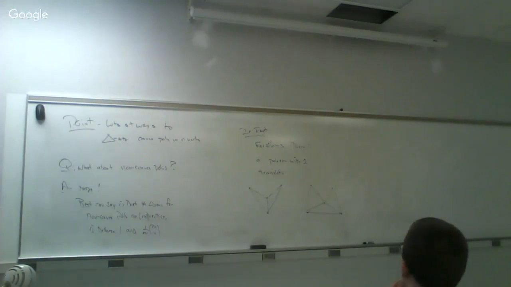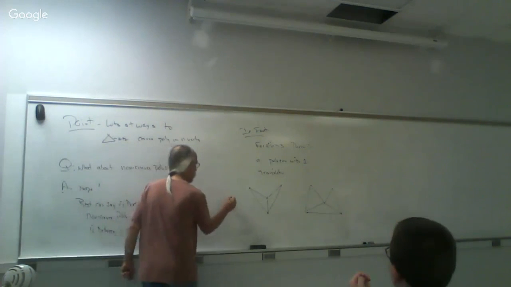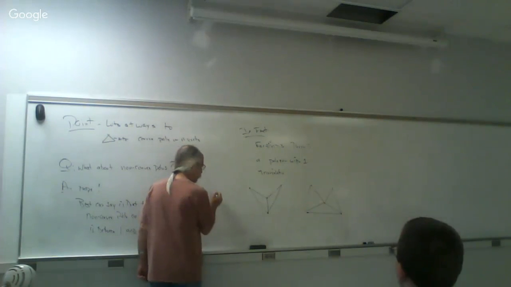But it's a theorem, it's a fact, that for any n greater than 3, you can always find a polygon that has only a single triangulation. For this guy, there's only one way to triangulate.